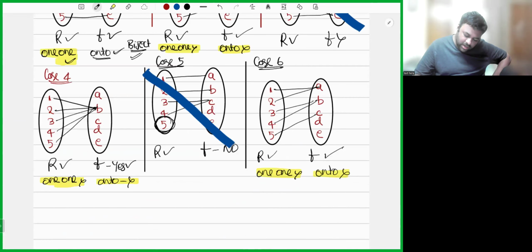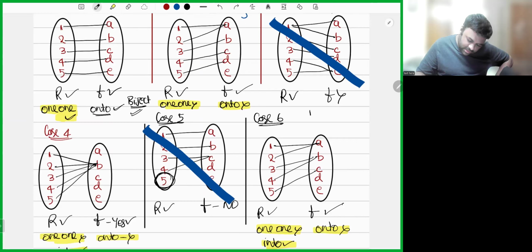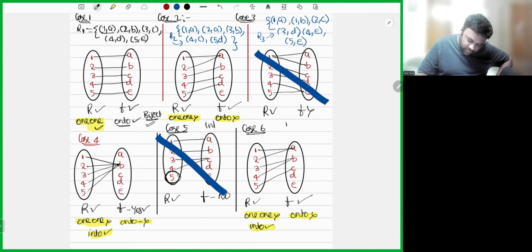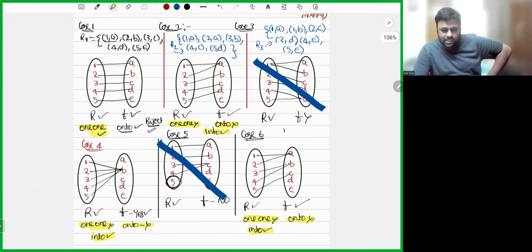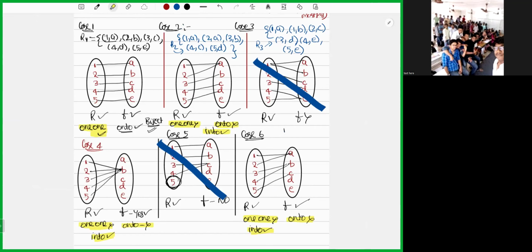Range is less than codomain. Yes. So it's an into function. Range is less than codomain. Yes. It's an into function. Range is less than codomain. Yes. So it's an into function. Take 2 minutes and just look into all these 6 cases. See if any doubt is there in types of functions.